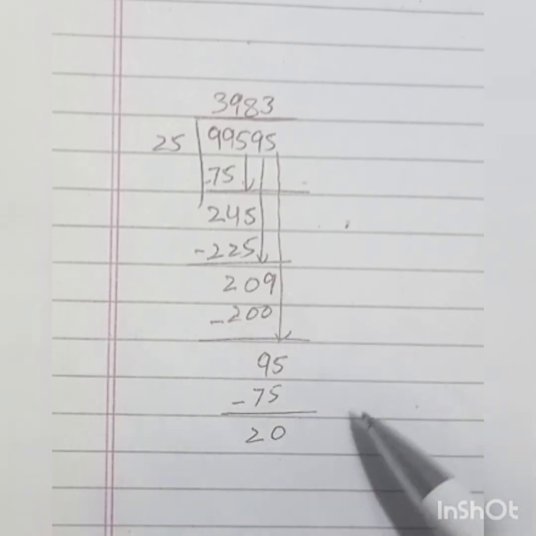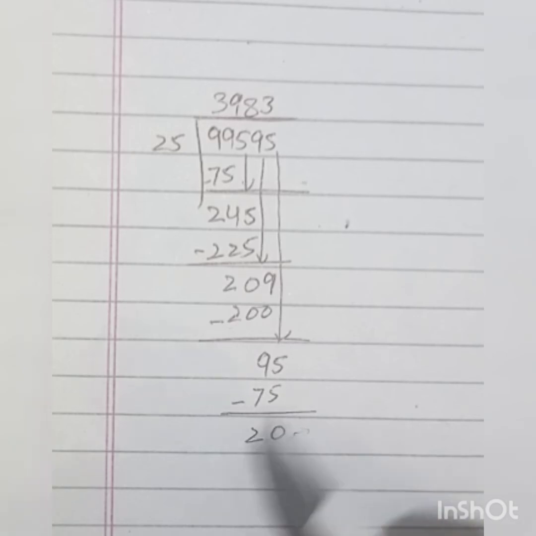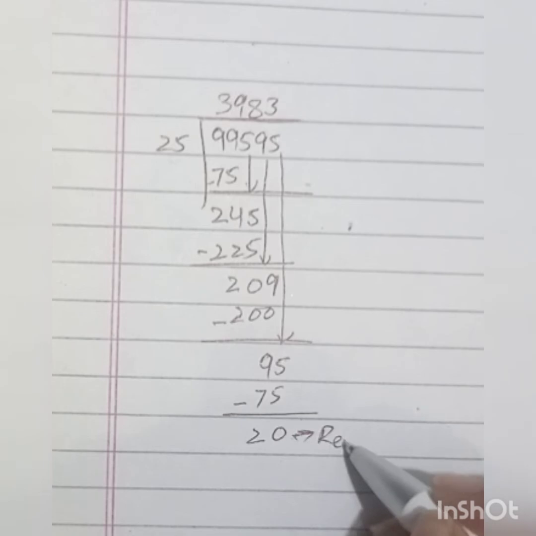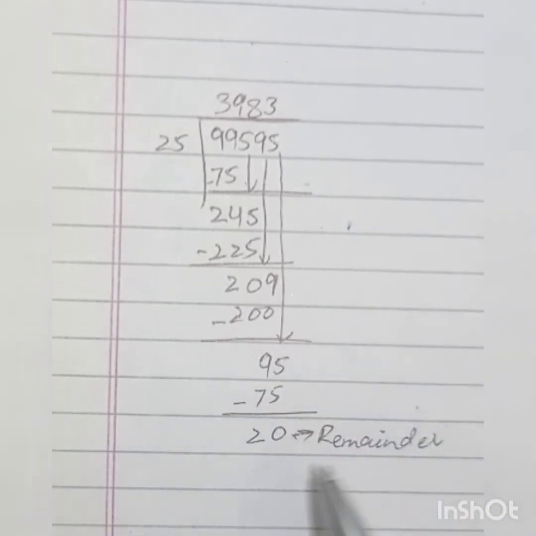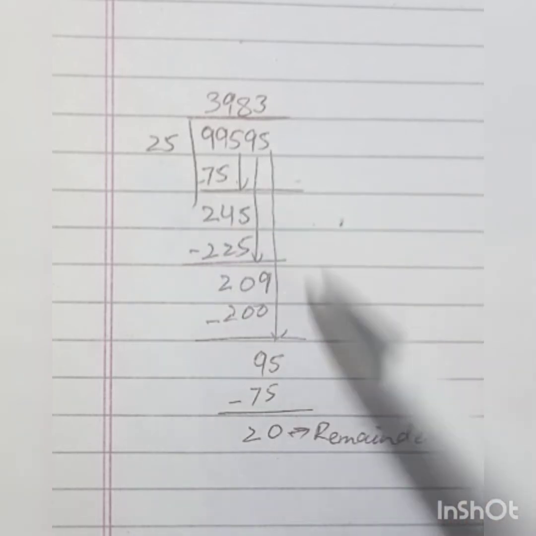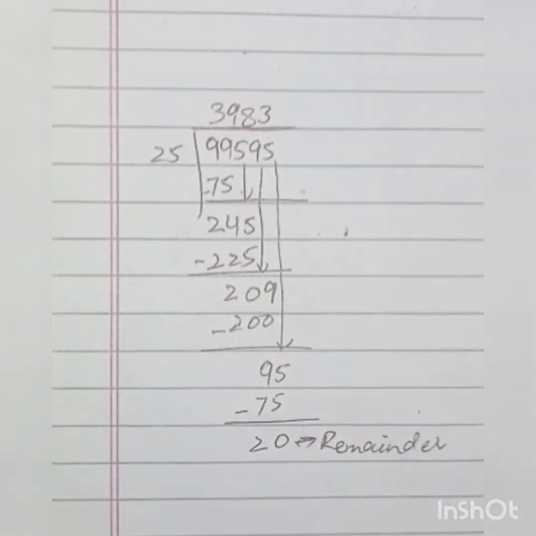As you know that 20 is a smaller number than 25 and this is also the remainder. So we can see that if this number is divided by 25, the remainder is 20. Students, you can also check if this number is divided by 30 and 40, then the remainder should be 25 and 35 respectively. This is rough work not included in your solution part.